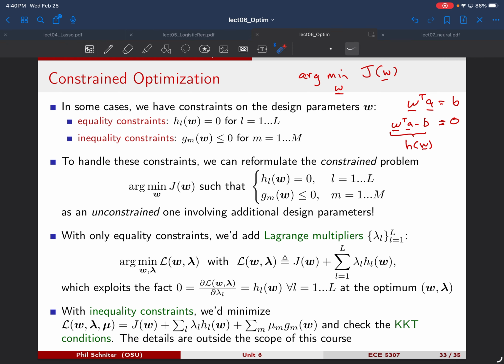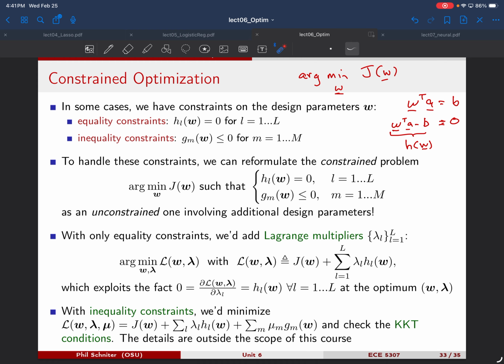You can also come up with nonlinear equality constraints, and you might actually have several of them. So maybe you have several combinations of a and b, and so you get several of these h(w)'s that you want to equal 0. That's what I've written here: h_l(w) equals 0 for l going from 1 to L. So in this case, there are several equality constraints in the problem.